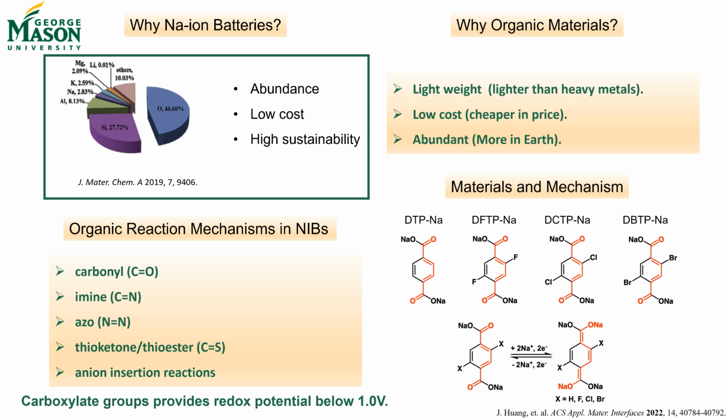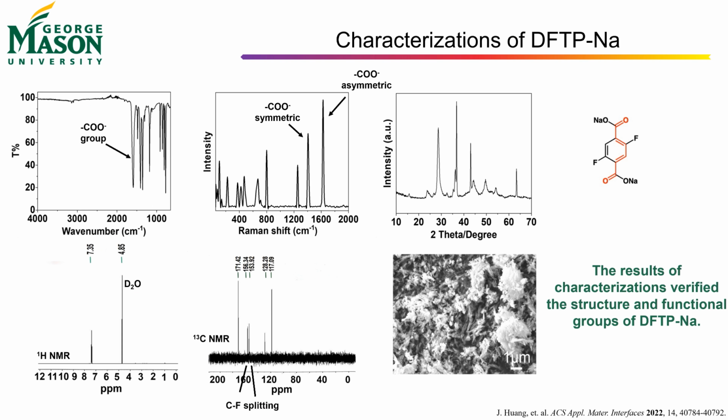In addition, we also prepared the unsubstituted terephthalic disodium salt, which has been reported by the previous literature, as a comparison. We expect that all of the compounds will go over the carbonyl reaction mechanism.